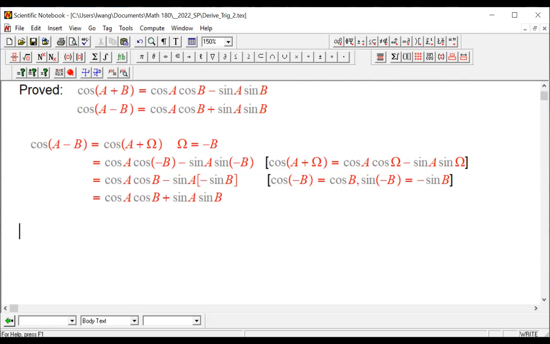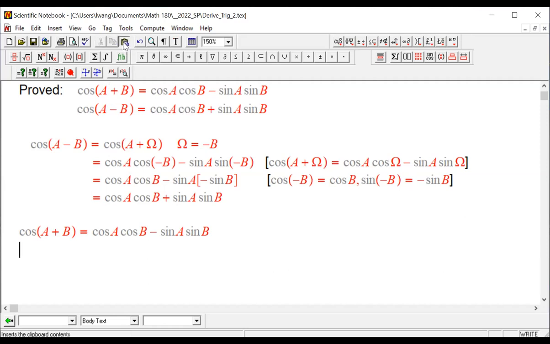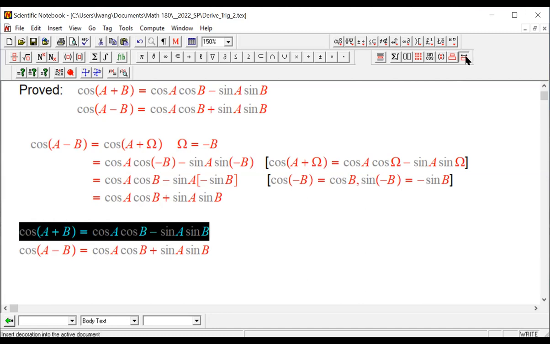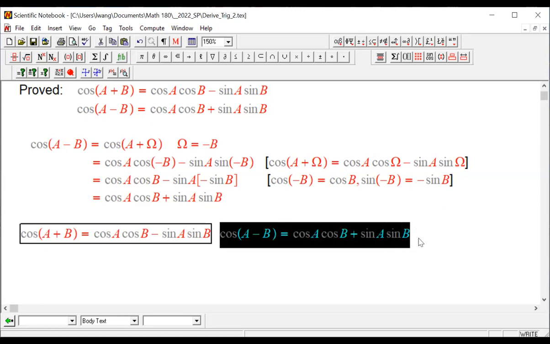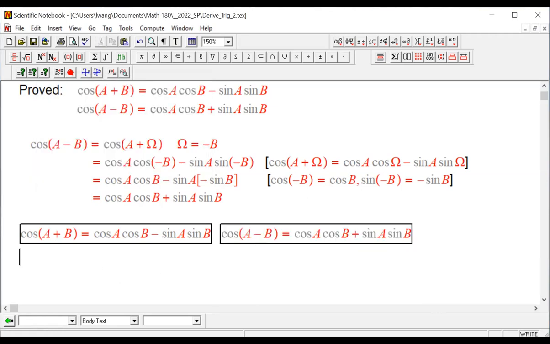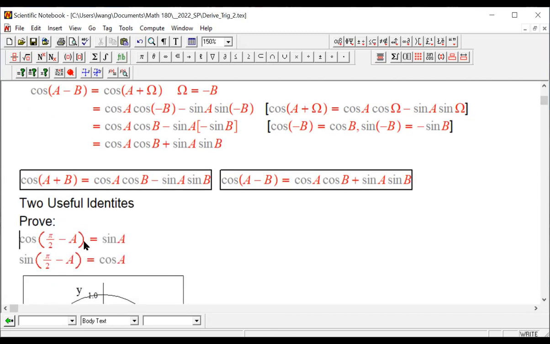These two identities basically lay the foundation for many future identities, and many of those are very, very useful. So that's the first one. The next two identities we're going to prove, you have seen them.